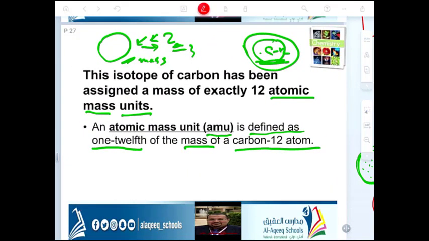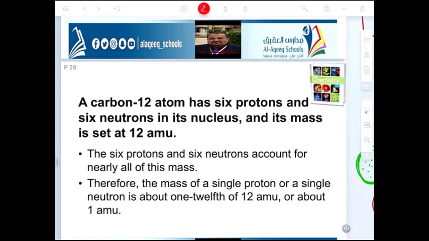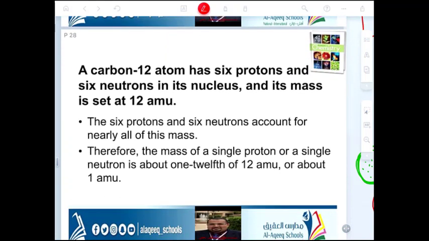So the atomic mass unit is defined as 1/12 of the mass of the whole carbon atom. The carbon-12 atom has 6 protons and 6 neutrons, so its mass is 12 AMU because it has 12 individuals.